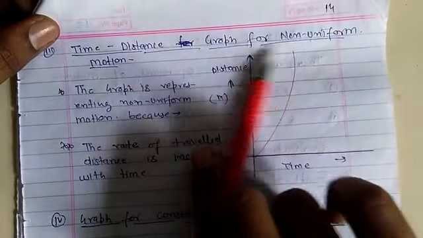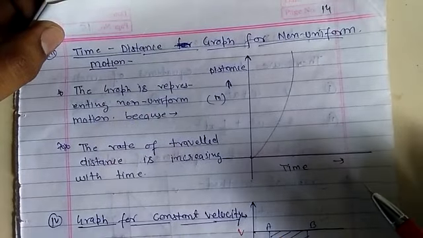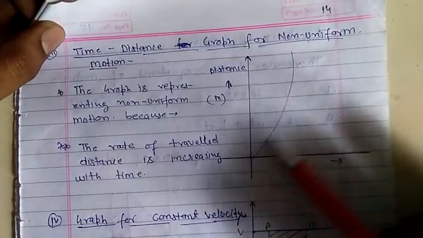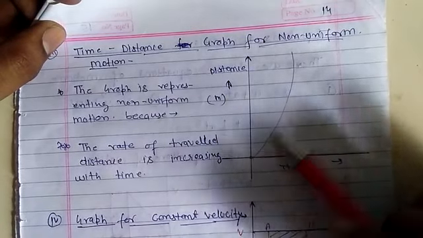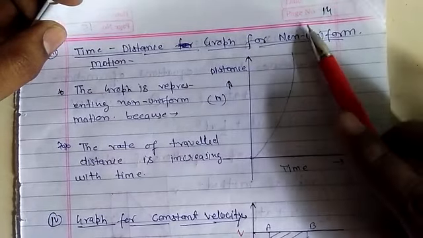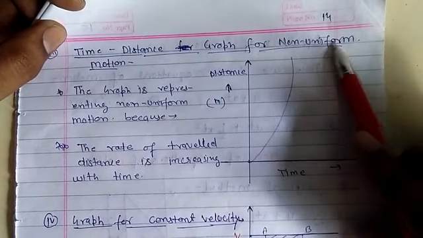So the time-distance graph for non-uniform motion. If the graph plotted between distance and time gives a straight line, then the motion of the object will be uniform.